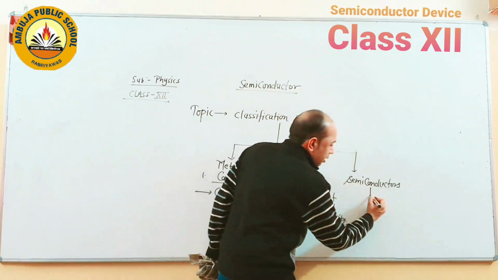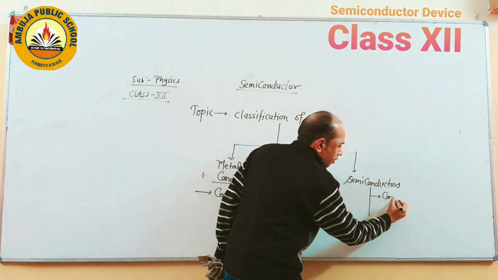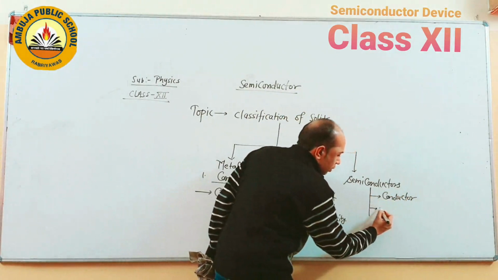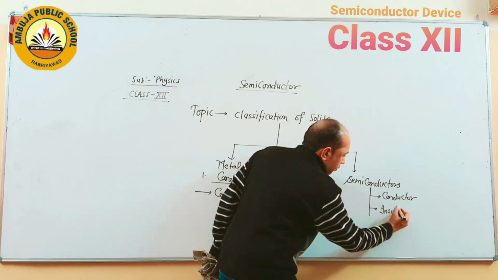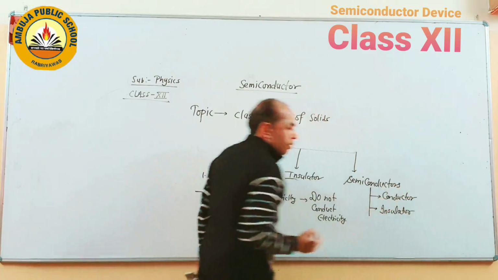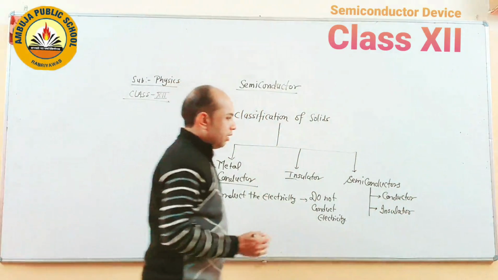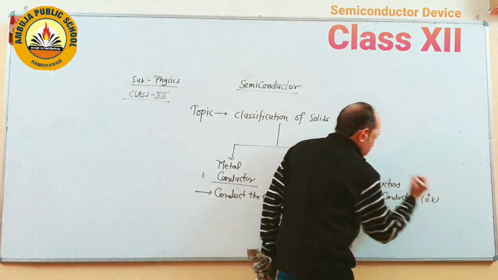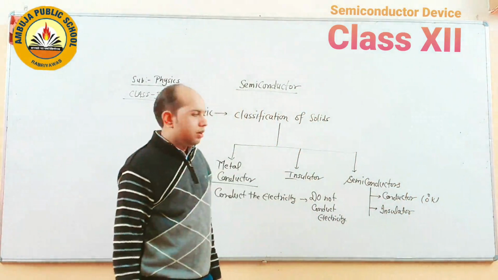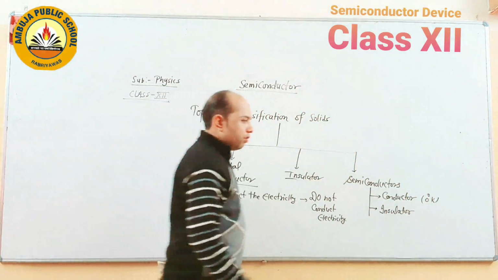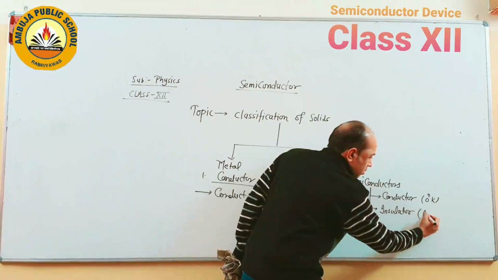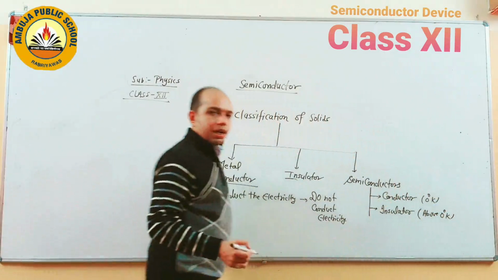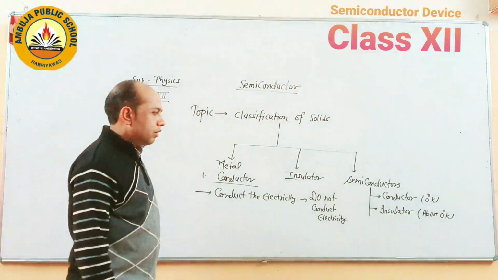It sometimes behaves like a conductor and sometimes like an insulator. Here, at 0 degree Kelvin semiconductors are treated like an insulator, while above 0 degree Kelvin they behave like a conductor.